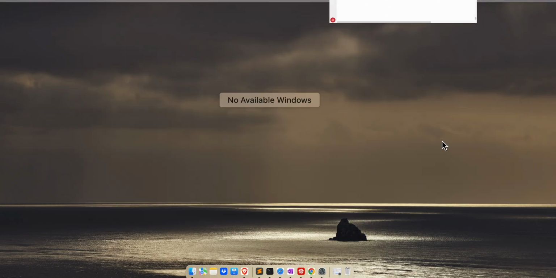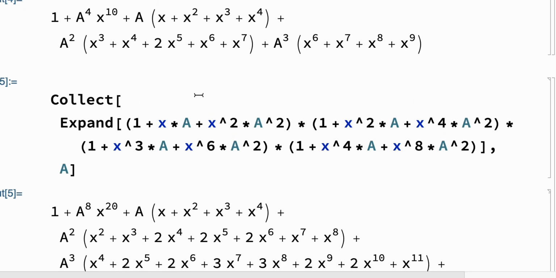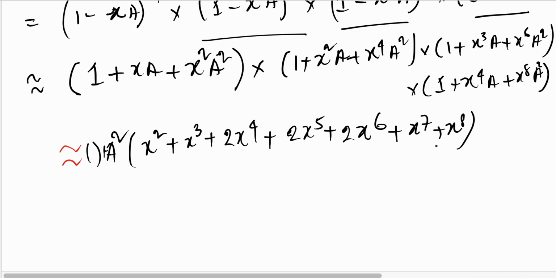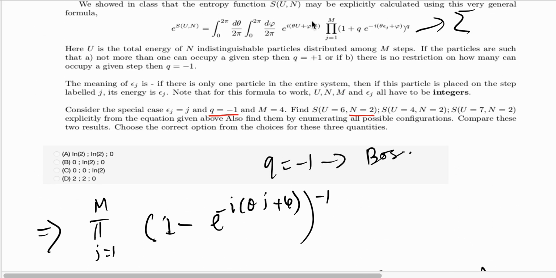I am doing nothing, only writing the terms with a square. The other terms are also there, but I know that they give no contribution. So this term will contribute.